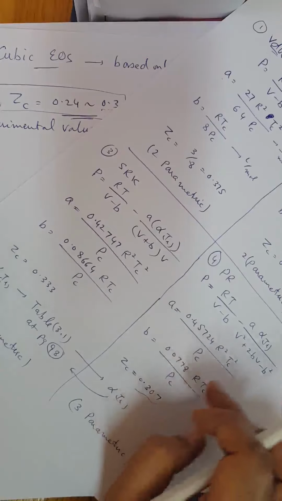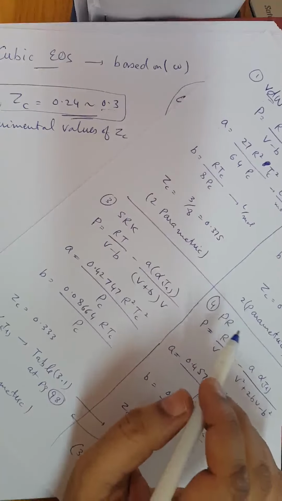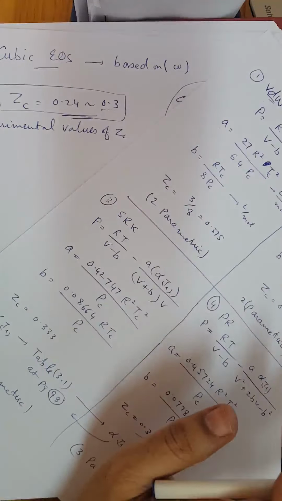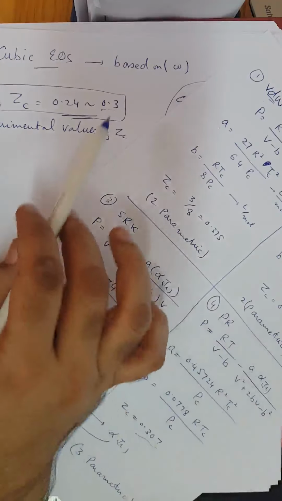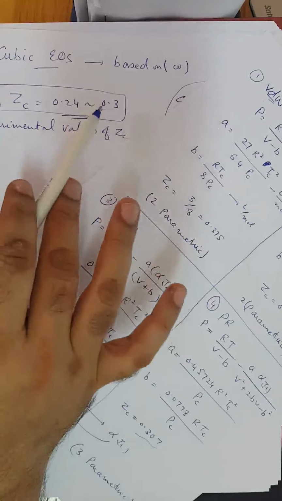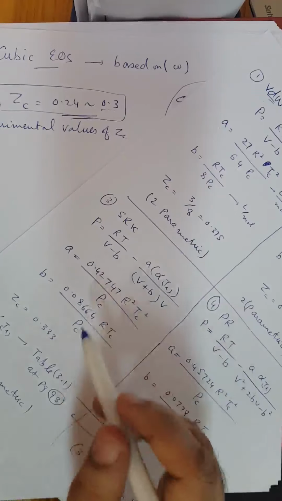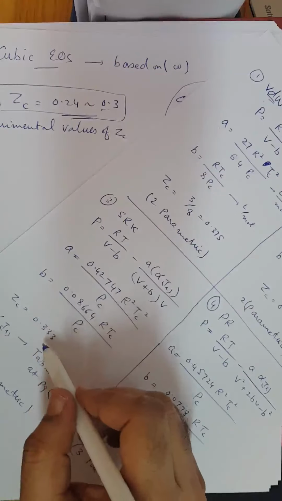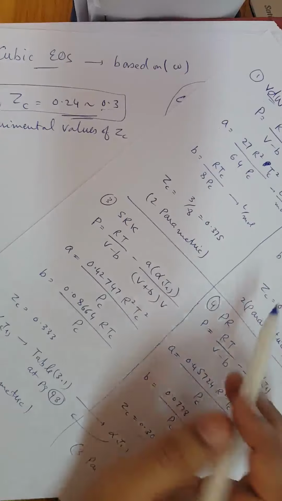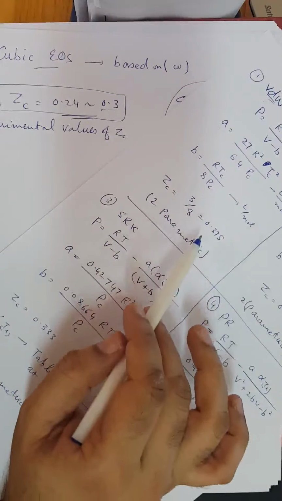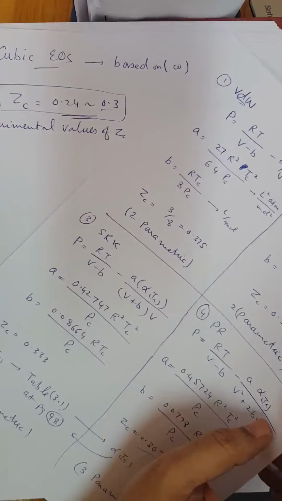So PR is very accurate compared to the rest of the cubic equations of state. SRK is 0.33, ZC for RK is 0.333, because they are the same group. And van der Waals gets 0.375, a far higher value.